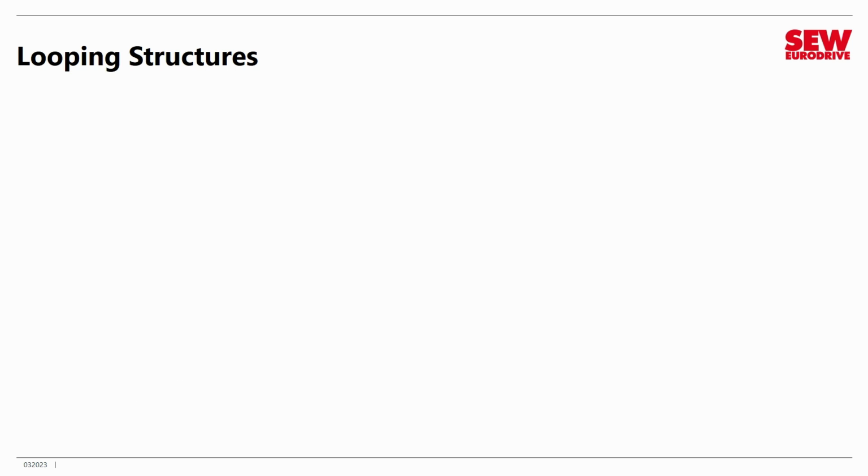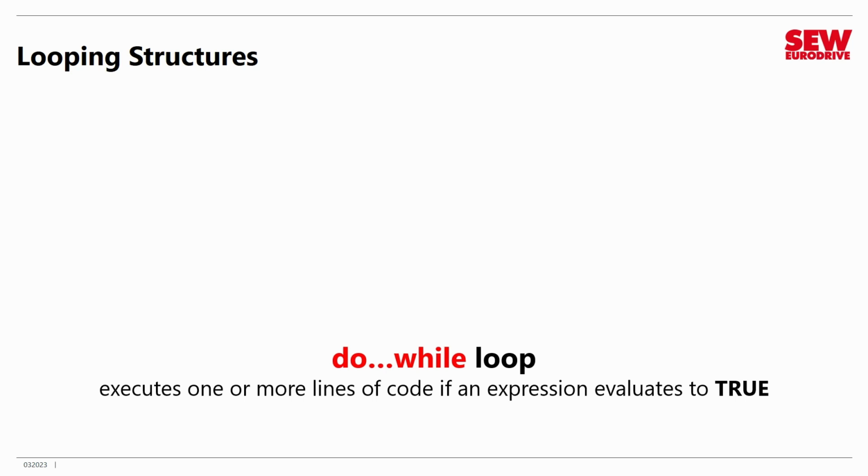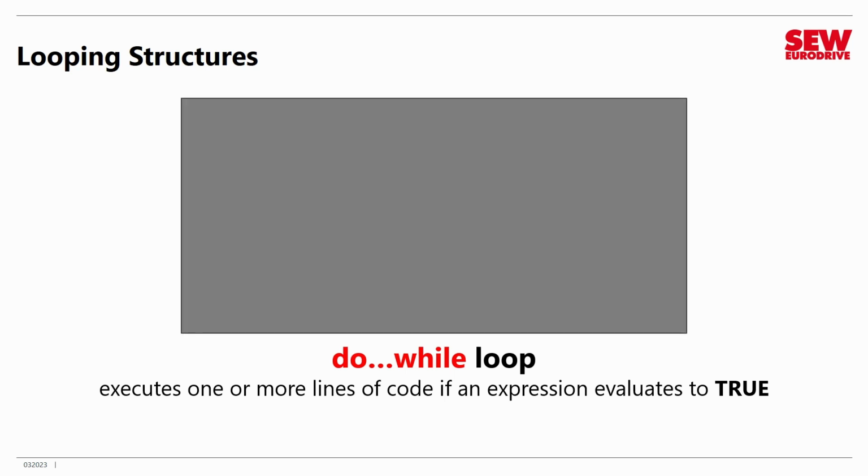Now there's a different version of the while loop called the do while loop. It's very similar, but it does have a few subtle differences. It too executes 1 or more lines of code while its expression evaluates to true. Let's see an example. This is just a 1 line of code do loop. It begins with the word do, then it has the line of code ending in a semicolon, and then at the end it has the while expression with the condition, which also ends in a semicolon.